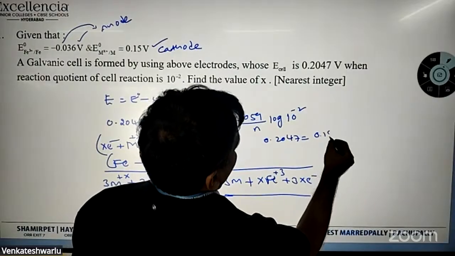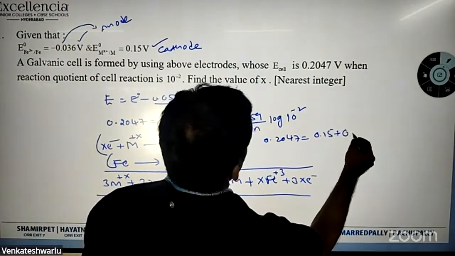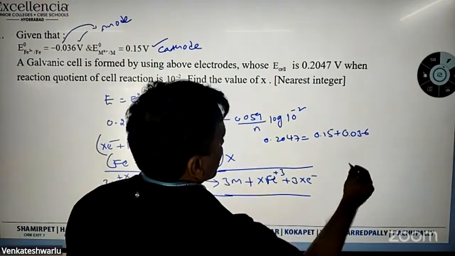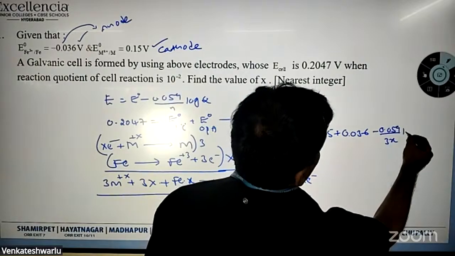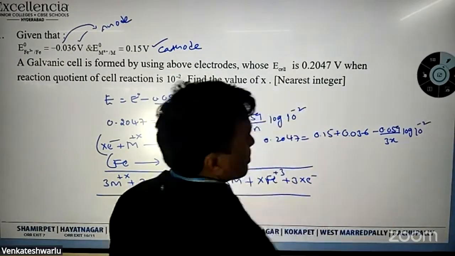So that is 0.15 plus 0.03X, minus 0.059 by 3X, and the log Q value is given, 10 power minus 2.